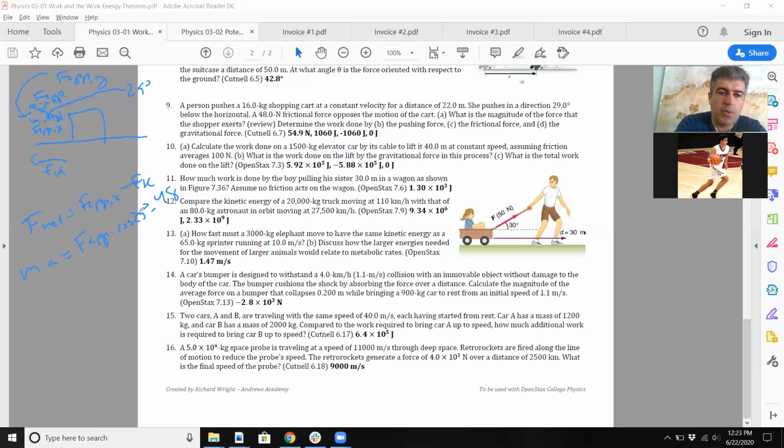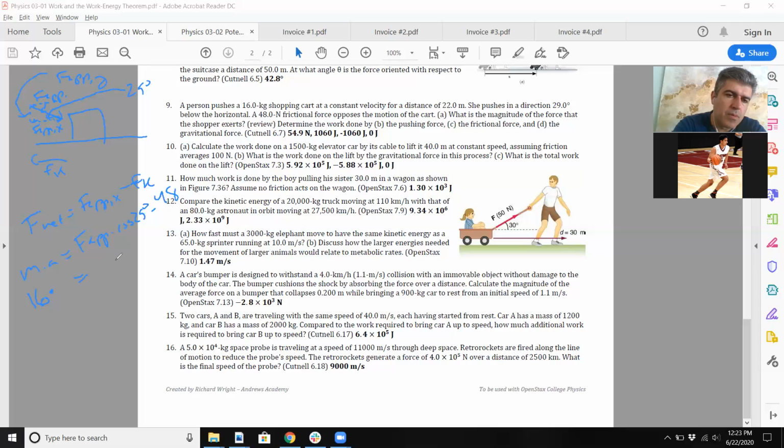Okay, we do know the mass, which is 16. And we obviously have to get the acceleration, which I don't know, and the applied force, which I also don't know.